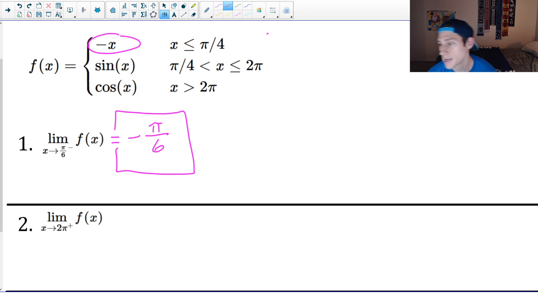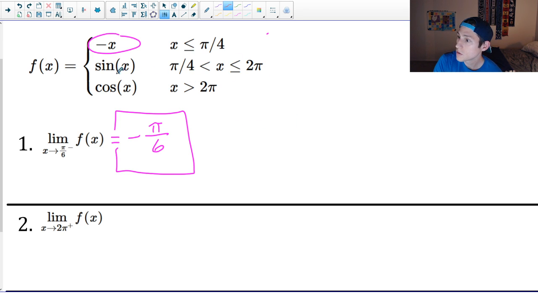Number 2, the limit as x approaches 2 pi from the right. Pay close attention if we're talking about from the left or from the right, especially in this equation. So my goal is to basically just plug in 2 pi, but hold on, this is a little bit different. Since we are approaching it from the right, we're talking about plugging in numbers that are slightly larger than 2 pi.